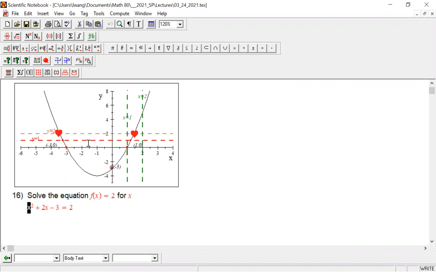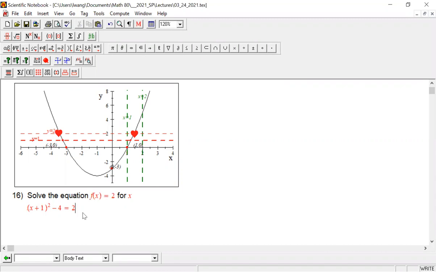The other form is the perfect square one, (x plus 1) squared minus 4. So we have two forms. Which one do you want to use? We've been using the latter form, so let's use the latter form to be consistent. That's what we get from f of x equals 2. Do you follow me?